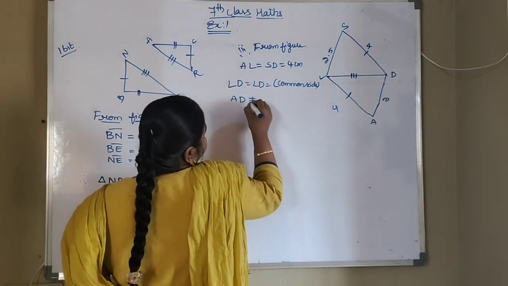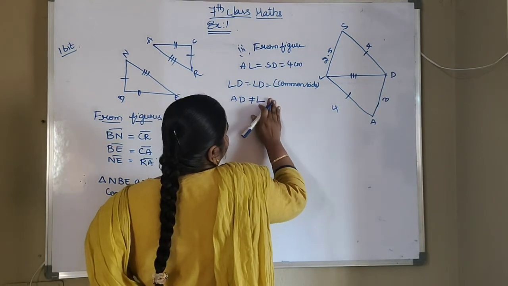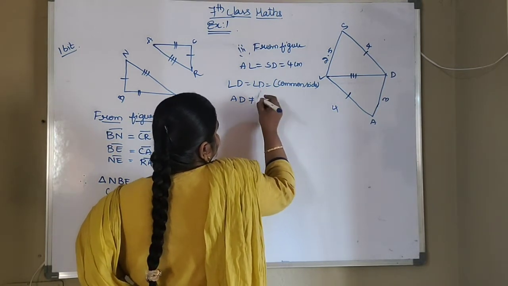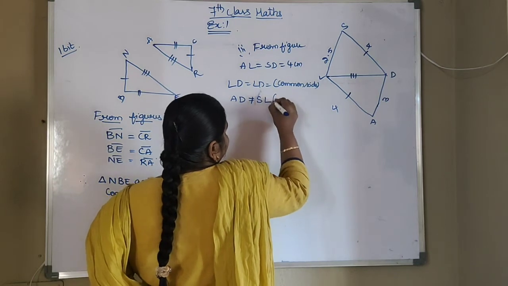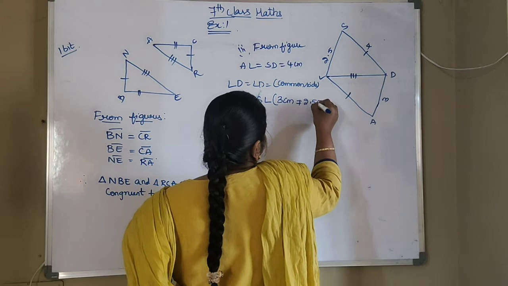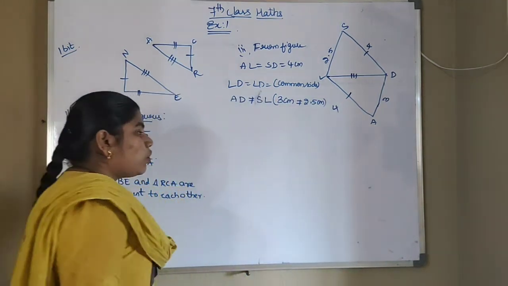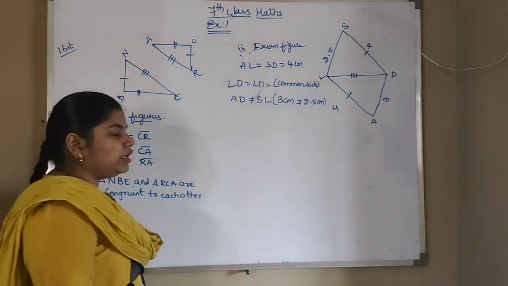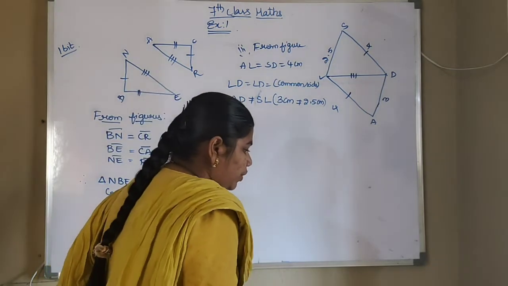AD is not equals to SL, that is 3 centimeters is not equals to 2.5 centimeters. So you got one not equal to sign, so they are not congruent to each other.